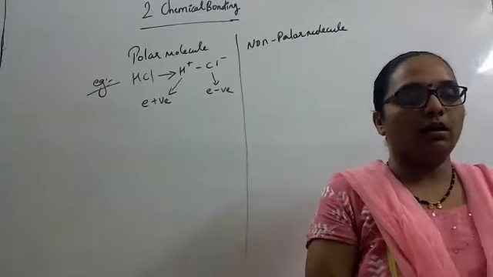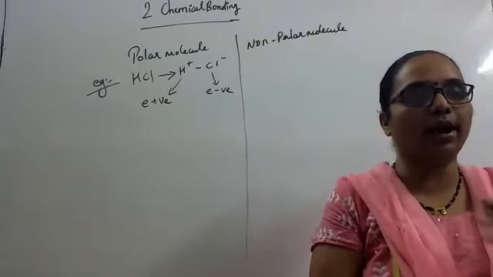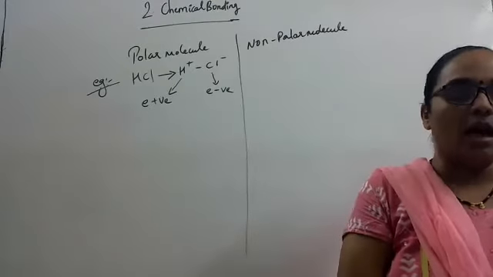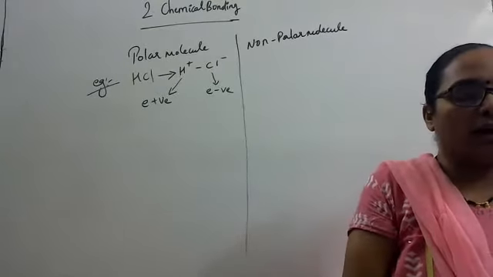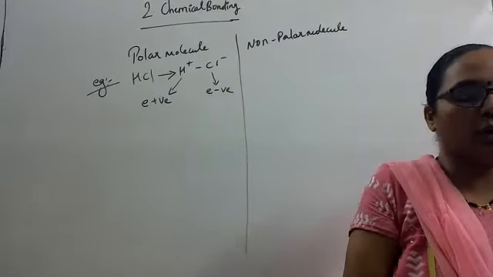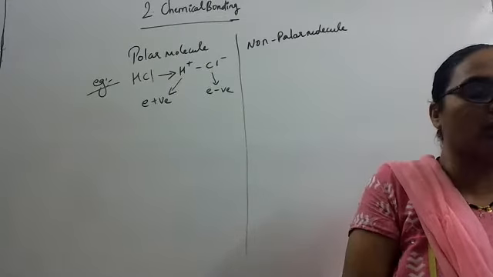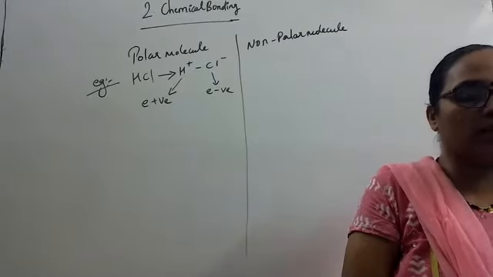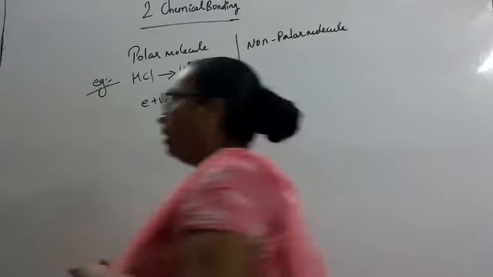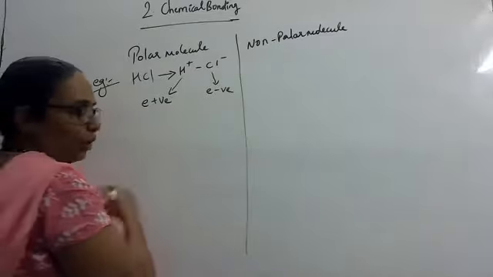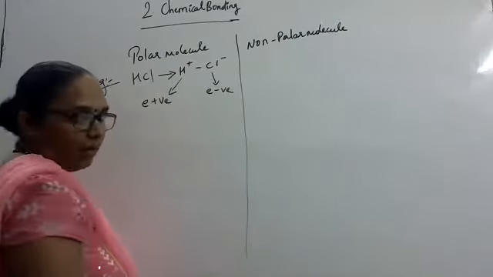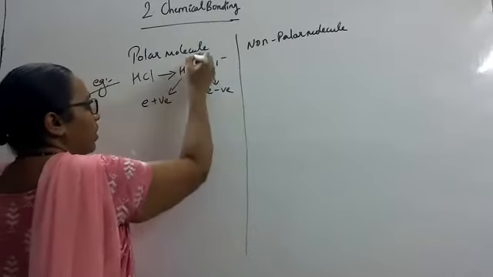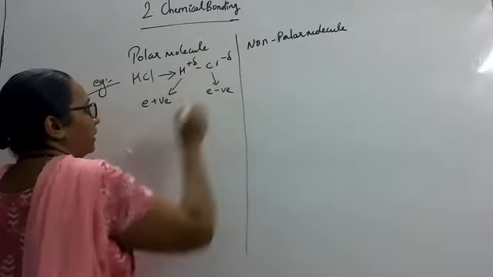It will accept or attract all the electrons of hydrogen towards itself. After this, hydrogen follows the duet rule, chlorine follows the octet rule, and both the elements become stable. Now, after the transfer of electrons, the charge developed on hydrogen is positive and on chlorine is negative. That is also represented by delta.